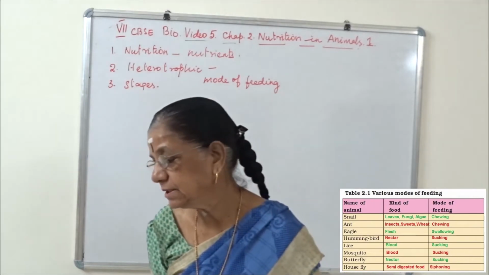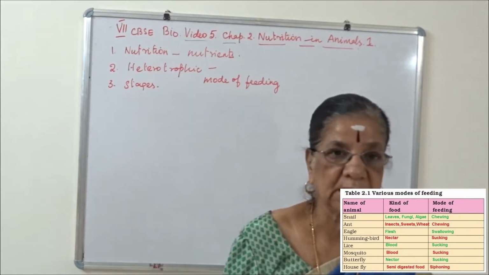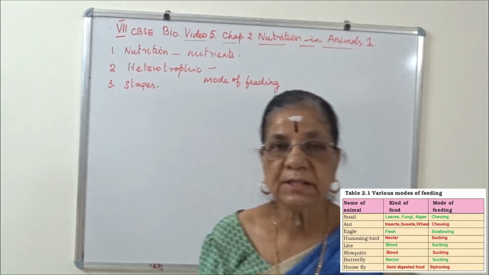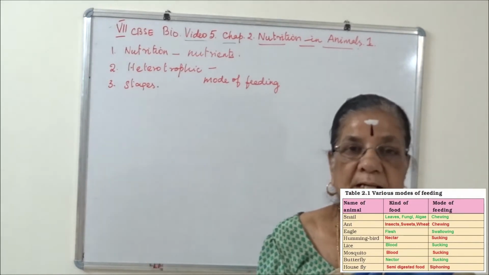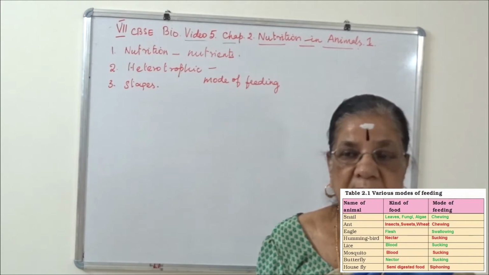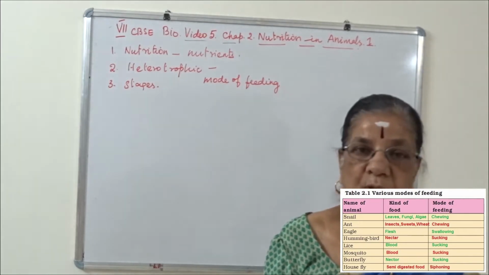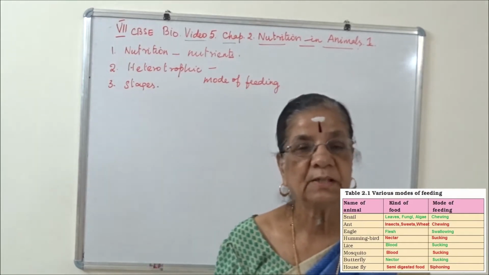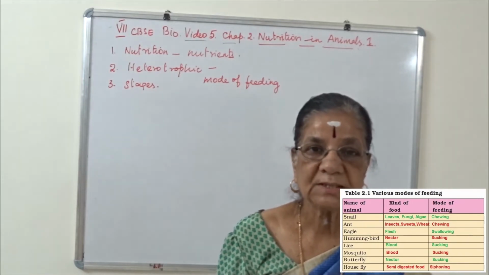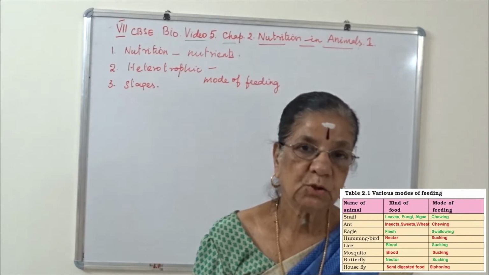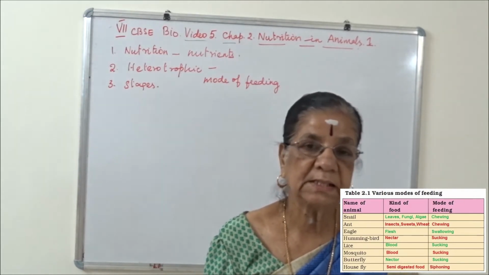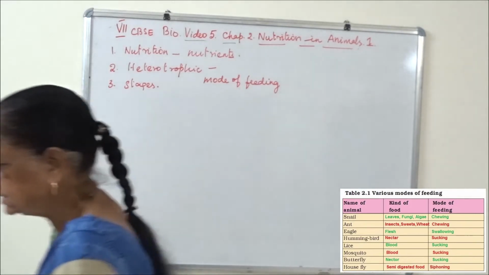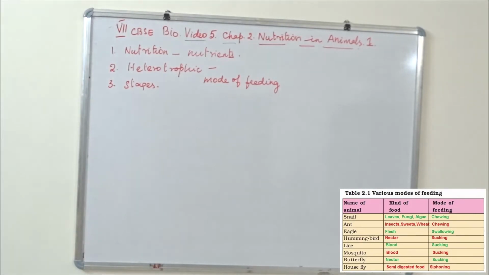For doing this process of nutrition, the animals have to take the food, and that food has to be synthesized and utilized by the body. So the process of heterotrophic nutrition is digestion, and that digestion involves 5 steps.